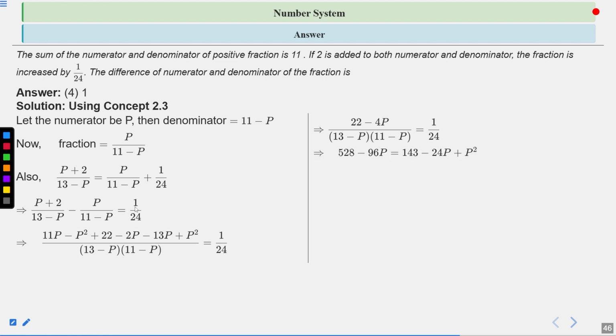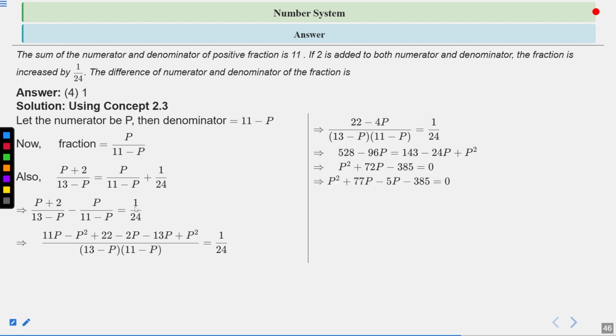So we get 528 minus 96p equals 143 minus 24p plus p square. Now we have a quadratic equation, p square plus 72p minus 385 equals 0.